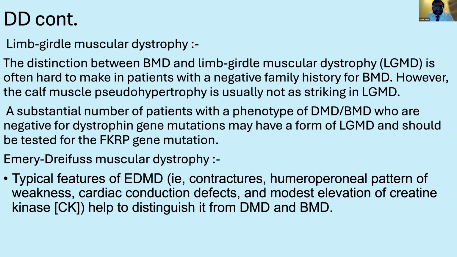But some features are different in LGMD, such as calf muscle pseudohypertrophy is not as prominent in LGMD compared to BMD. And many patients who have DMD phenotype with negative dystrophin gene mutations should be tested for FKRP gene mutation because they might be having LGMD.